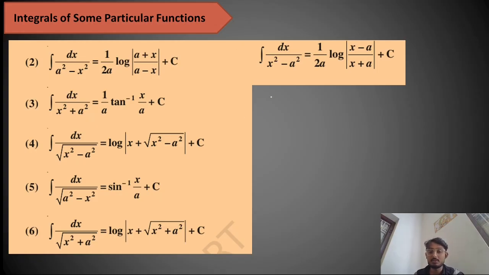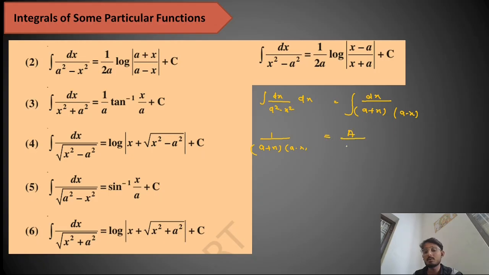Here the first is dx upon a square minus x square. You can write it as dx upon a plus x times a minus x, since a square minus b square means a plus b and a minus b. So you can write 1 upon a plus x and a minus x equal to A upon a plus x and B upon a minus x.